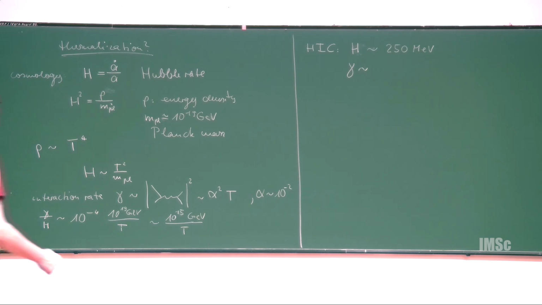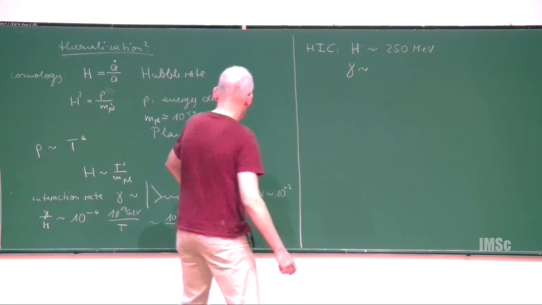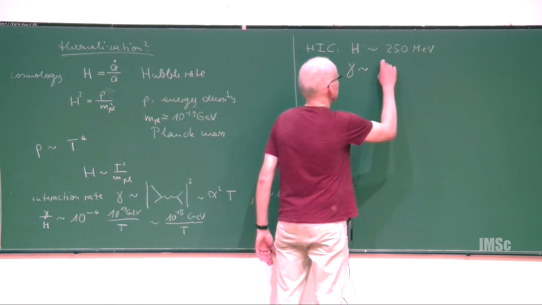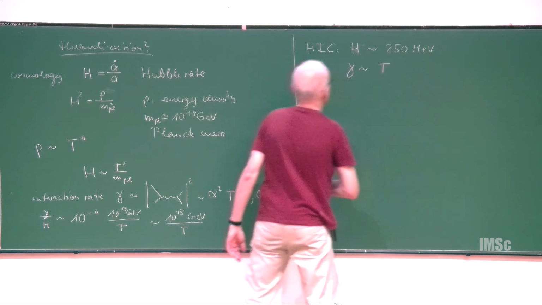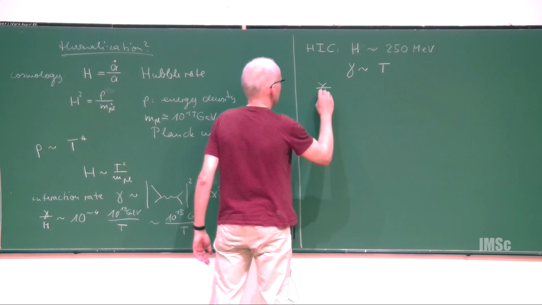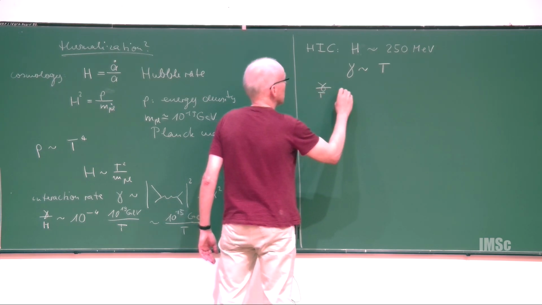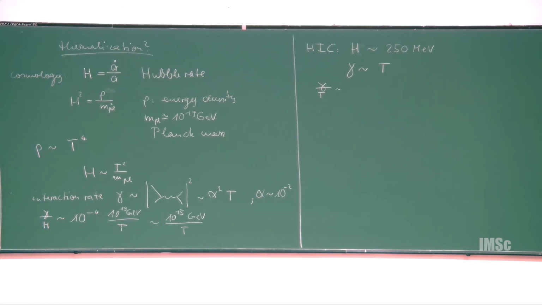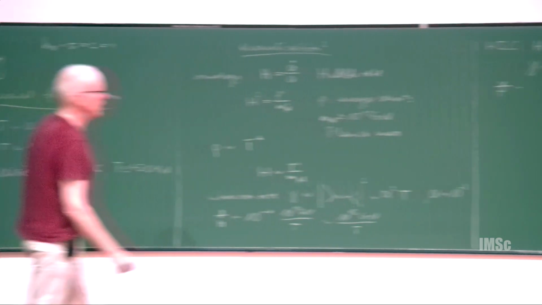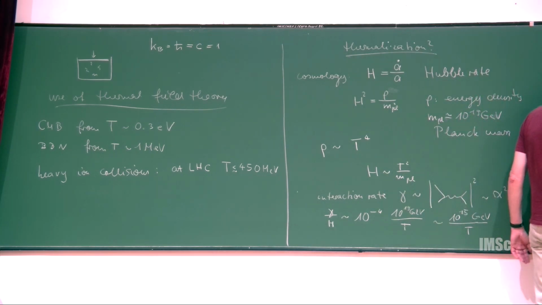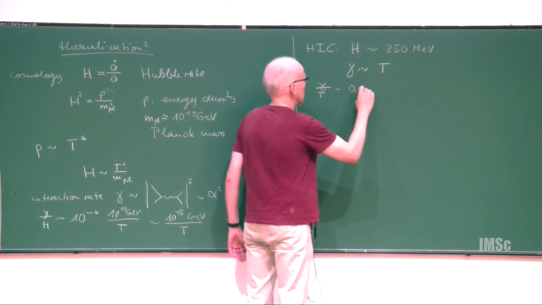So this is of order unity here, so that the interaction rate is of order T. Okay, so then the ratio gamma over H is, well, you see if this is the temperature which we reach at the LHC, then it may be of order 1/2, say.